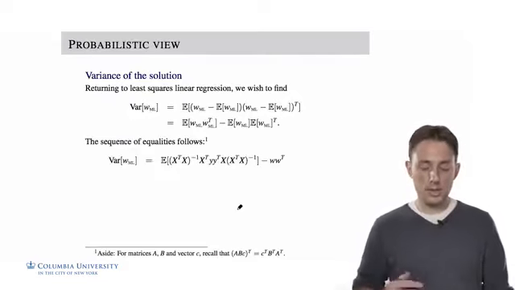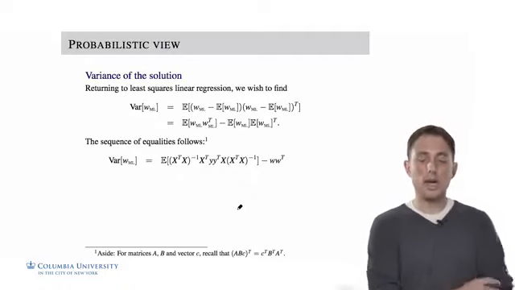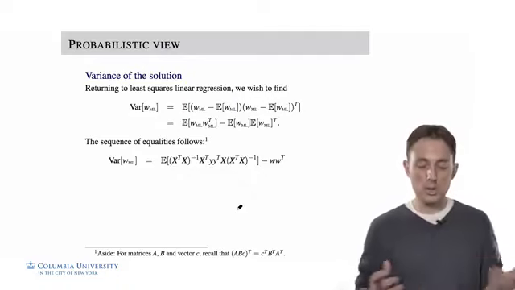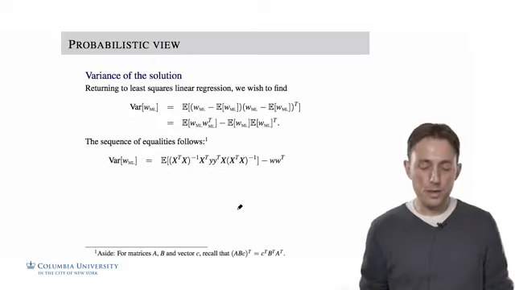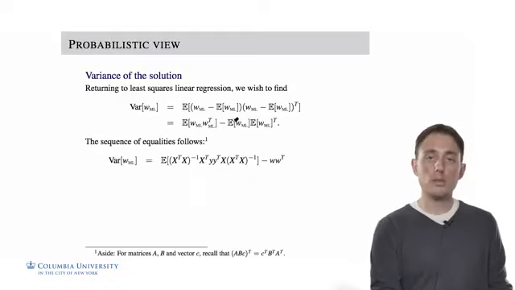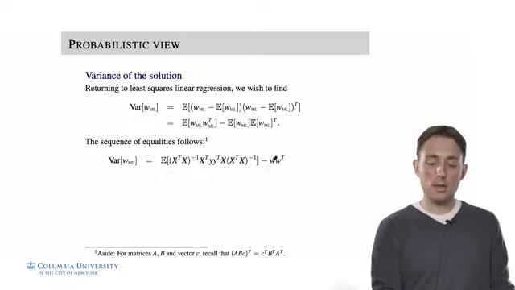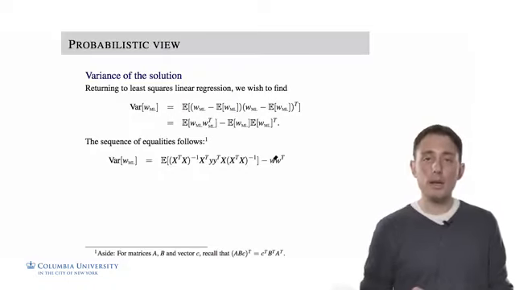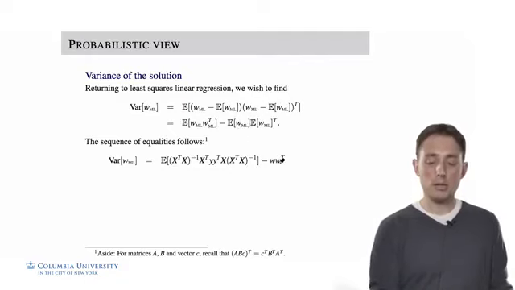Let's use this sequence of equalities to calculate this, which can be done in closed form. We've already shown that the expectation of the maximum likelihood solution is equal to the truth. Even though we don't know what it is, we can simply plug that value in as a placeholder. So whatever w is, the expectation of the maximum likelihood solution is equal to w.